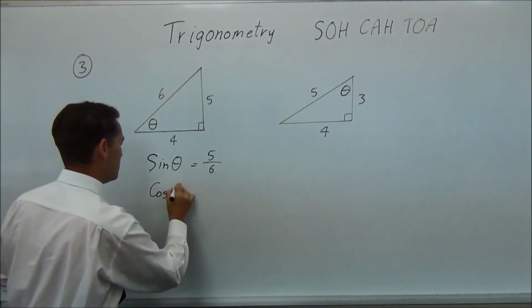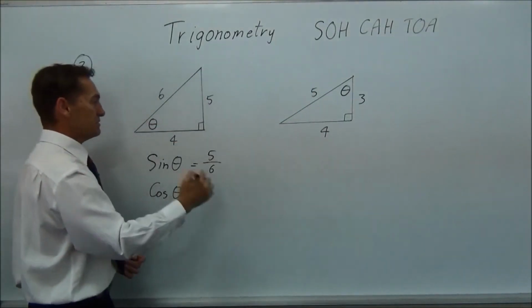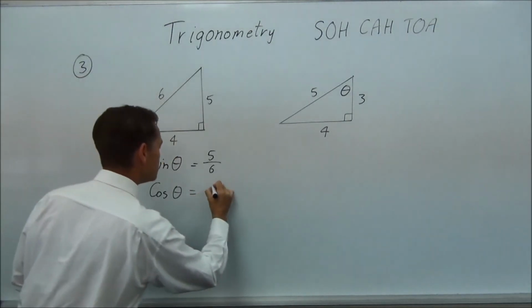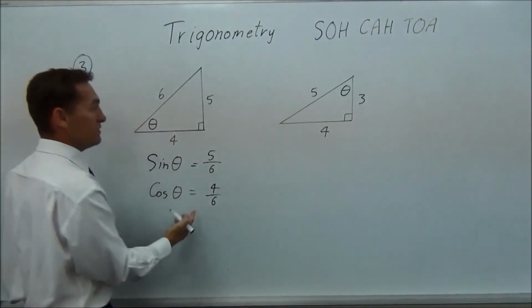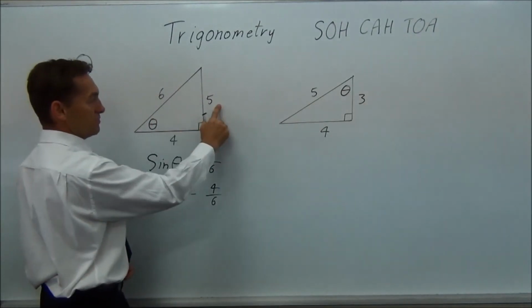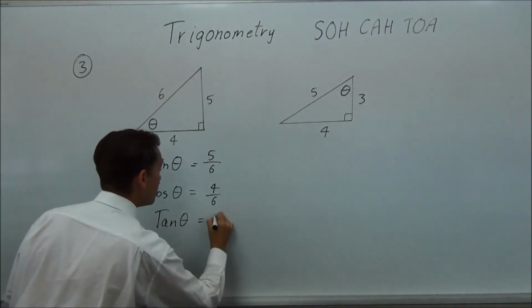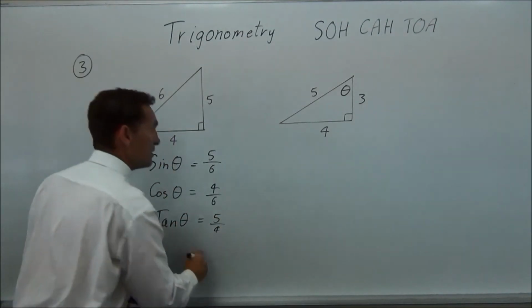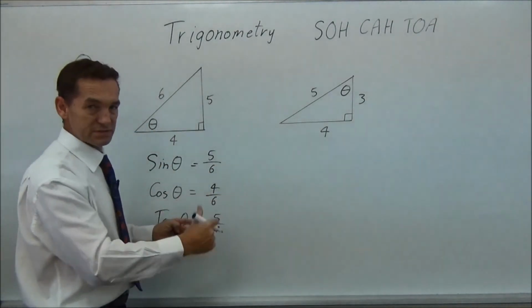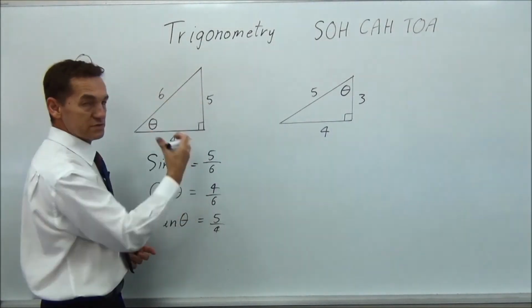You get cos theta equals adjacent over hypotenuse, and then tan theta equals opposite over adjacent. And they get you to write that out a couple of dozen times so that you're in the practice and in the habit of looking for those things on a triangle.